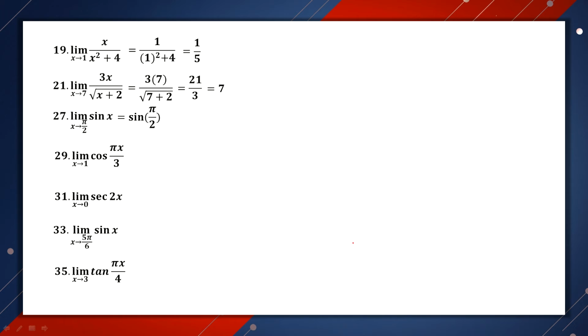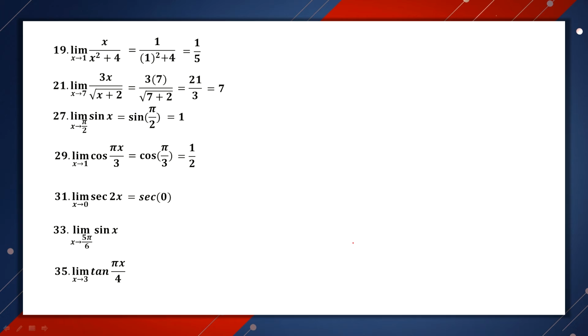And this is a trigonometric function limit, and x is pi over 2, so sine pi over 2 is 1, so we just get the result. For 29, x to 1, on the top of the function, pi x is equal to pi, so we get cosine pi over 3, and we get 1 over 2.